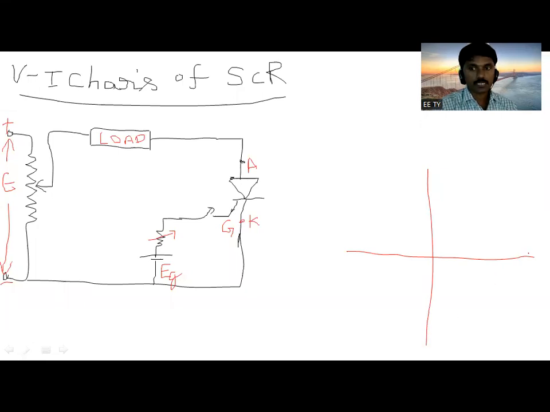On the x-axis take the voltage across the anode and cathode. In the same way, take the anode current on the y-axis.